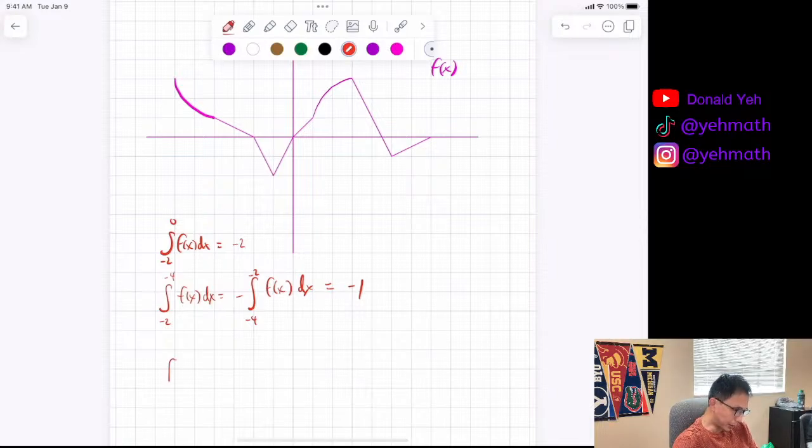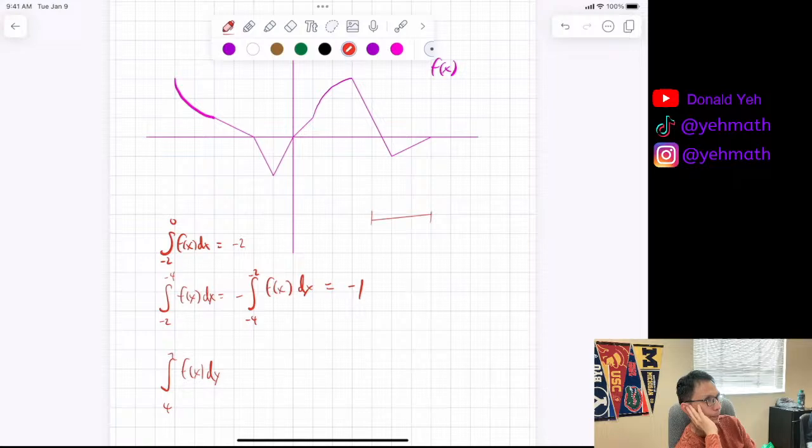Okay, can you tell me what's the integration from 4 to 7? This one's really tricky. 4 to 7 is roughly right here.